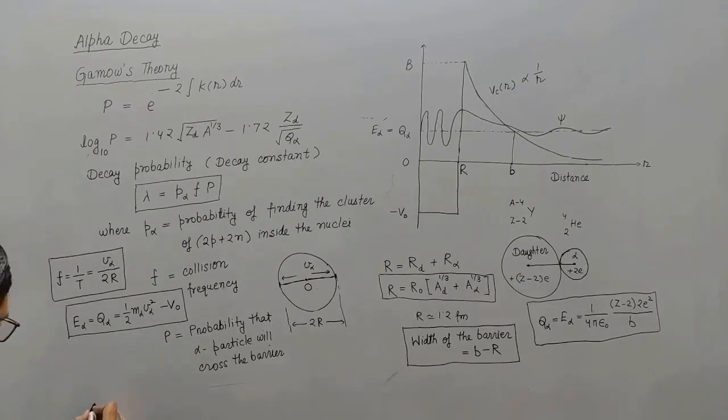This will be log 10 to the base lambda. Is it visible? Yes, it is visible.